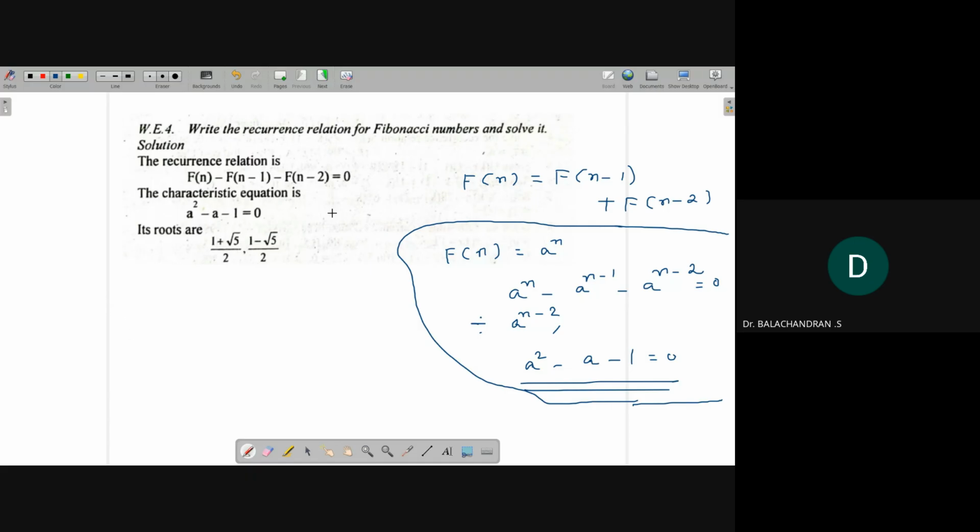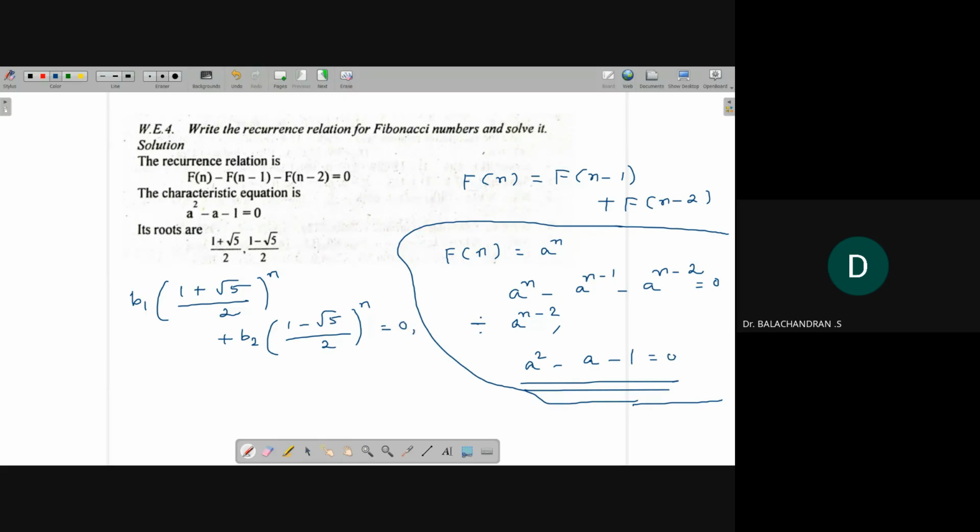You can write b1 into (1 plus root 5 by 2) whole power n plus b2 into (1 minus root 5 by 2) whole power n.